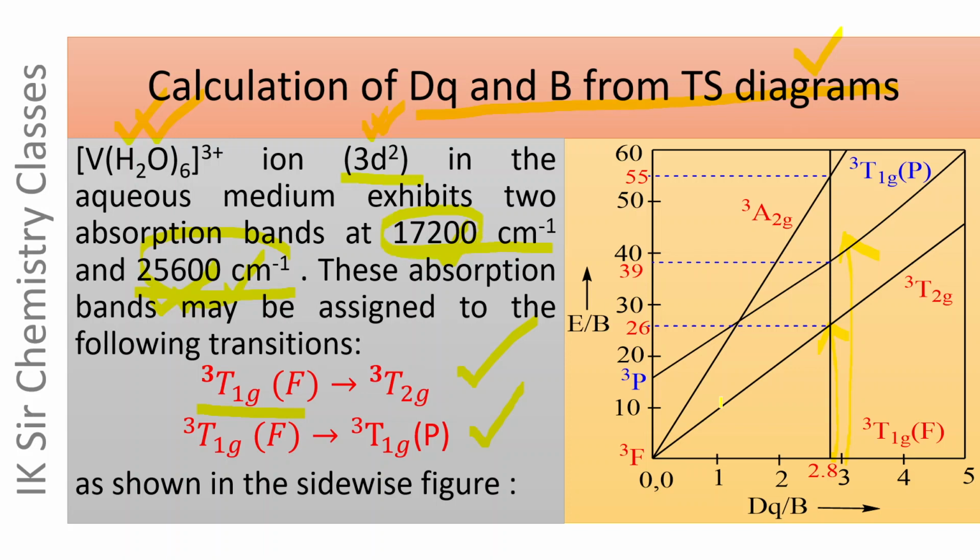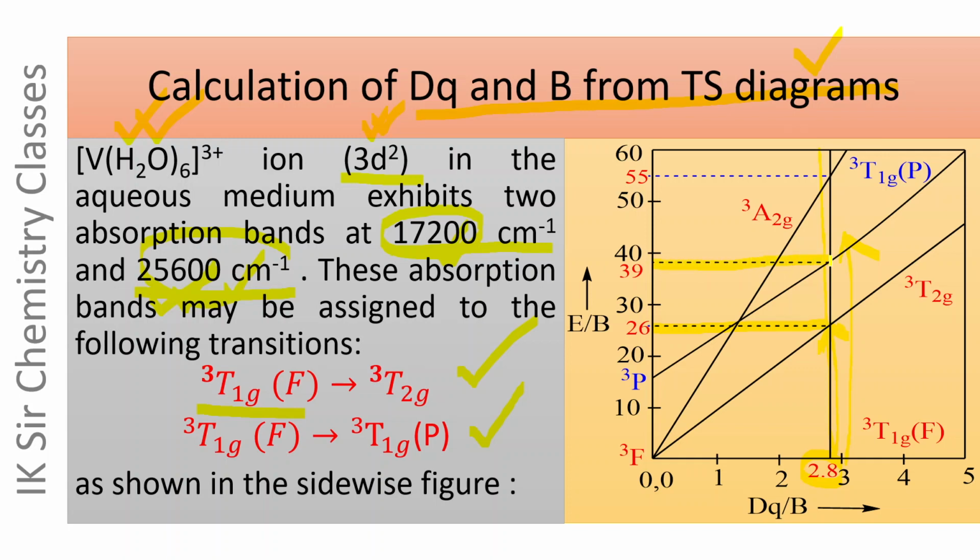If we draw a vertical line at Dq by B equal to 2.8, we get E1 by B, the first transition, equal to 26, and E2 by B equal to 39.